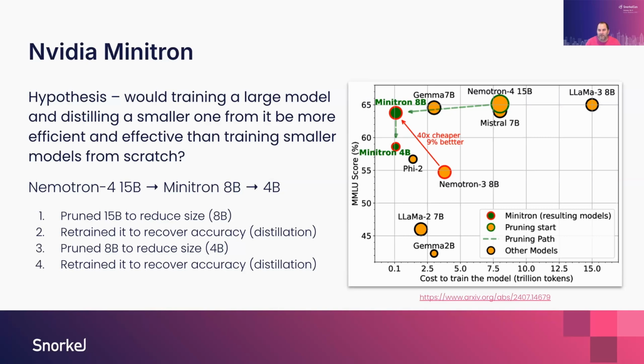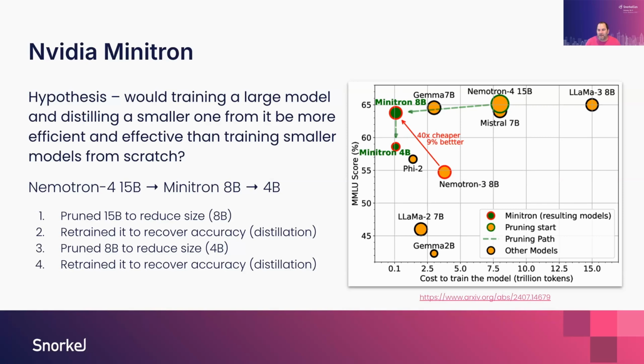In this case, it's Nemotron 15B, and then chose to both prune and then distill the knowledge from the teacher to create a smaller one. And that's Minitron 8B. And then, of course, they did it again, right? We're going to prune Minitron 8B down into Minitron 4B, and then we will use distillation to retrain that model. The key takeaway here is that red line in the graph.